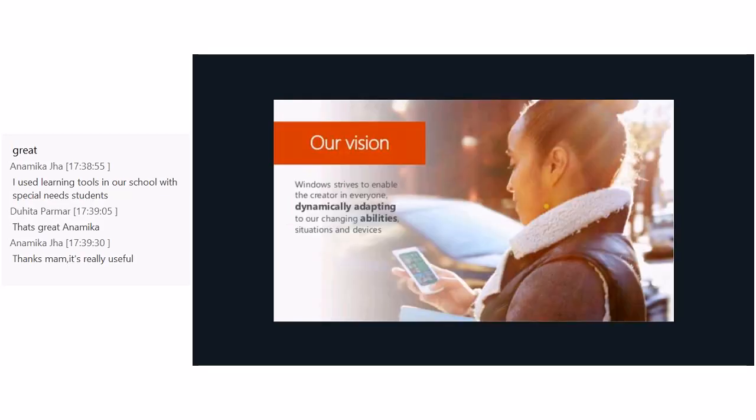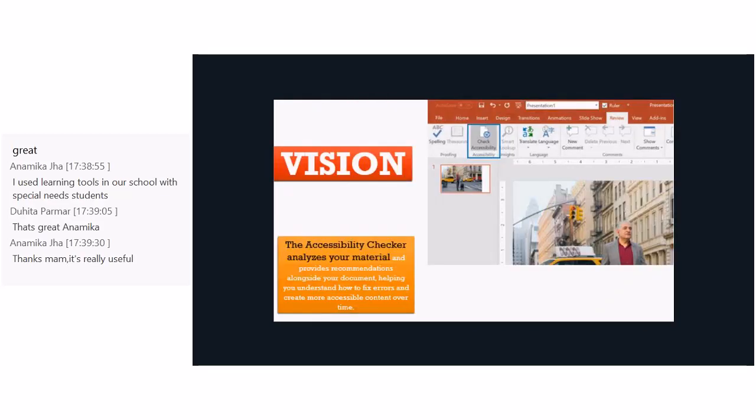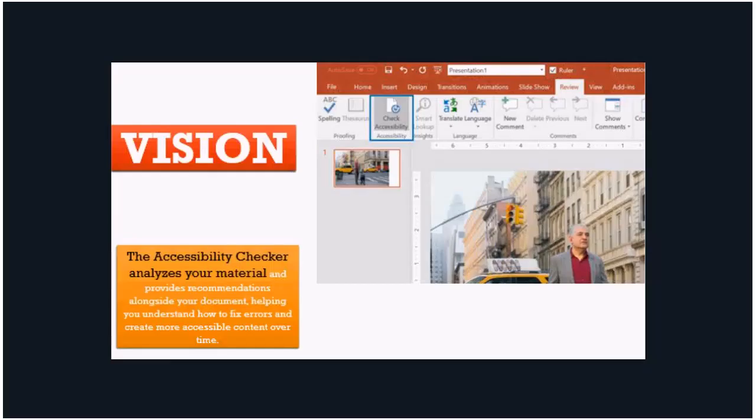Our vision is the first thing that I want to share before moving any step forward. Windows strives to enable the creator in everyone, dynamically adapting to our changing abilities, situations, and devices. The first feature that I'm going to focus on, which I find very exciting, is the accessibility checker, which helps you analyze materials and provides recommendations alongside your document.